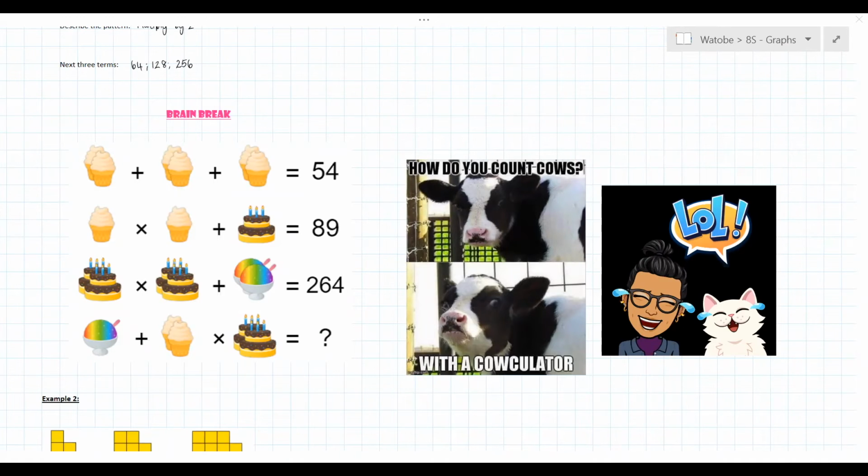Okay. So I'm guessing all those hands are up for you guys to answer. So let's hear. Unati, do you have anything to say about the brain break? Anything that we should take note of? Good evening. The ice cream is 18 and one of them is 9. Okay, so I guess that's 18 plus 18 plus 18.